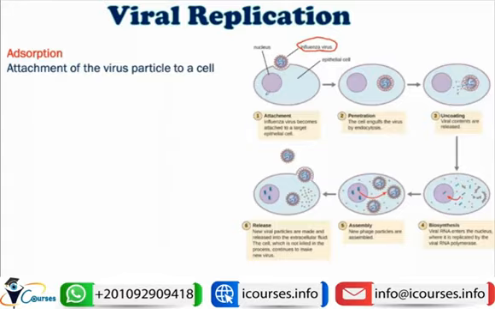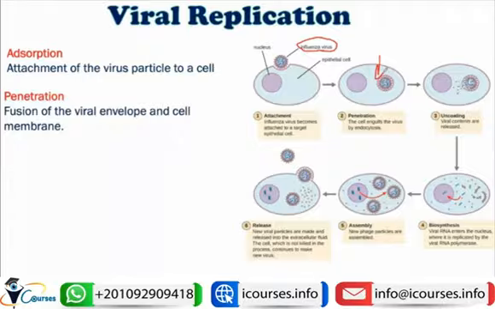After this, the virus will be included inside the cell, which is called penetration. The fusion between the envelope of the virus and the cell membrane will lead to endocytosis. The virus will be engulfed by the cell, and now the cell has the virus inside it.